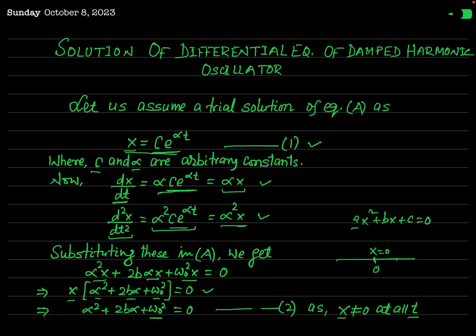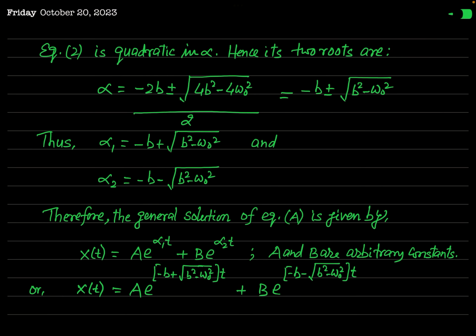At the place of a, there is 1 here, and instead of x, there is alpha. So this is a quadratic equation in alpha, and you know any quadratic equation has two roots. It means this alpha will have two values which are called roots of this quadratic equation.